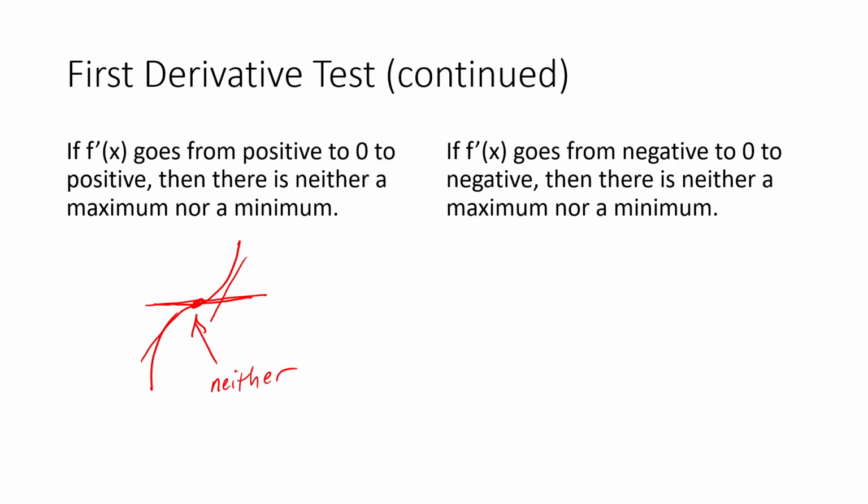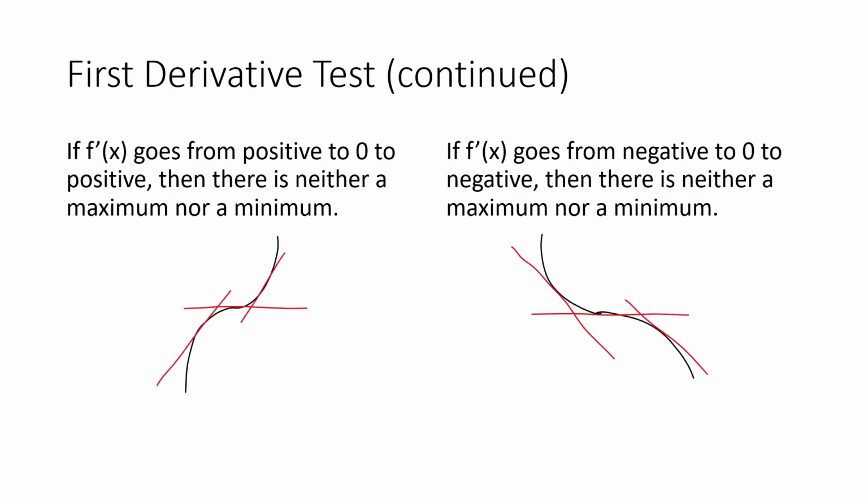And similarly, we can have a curve that has a negative first derivative and then a 0 first derivative and then a negative. An example of this is y equals negative x cubed. And that'll have, like we see, a negatively sloped tangent line and then a 0 slope tangent line and then a negatively sloped tangent line. And that point with the 0 tangent is neither maximum nor minimum.